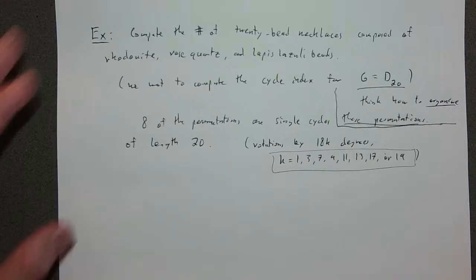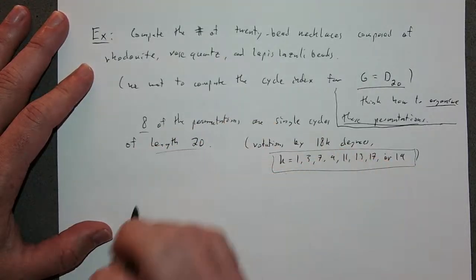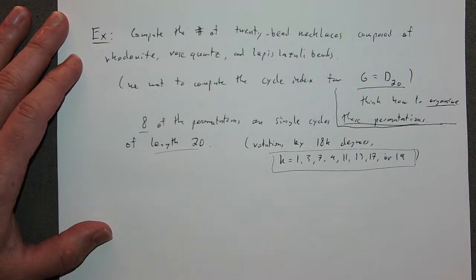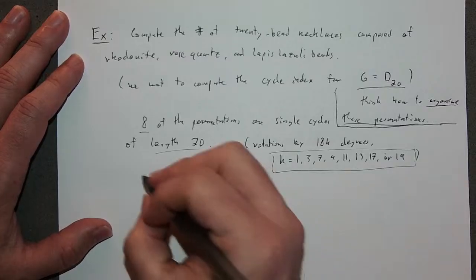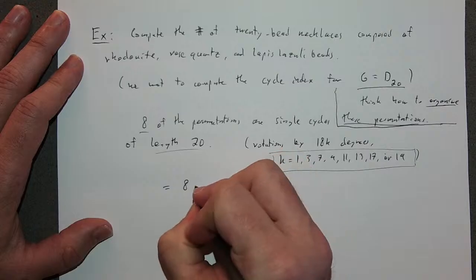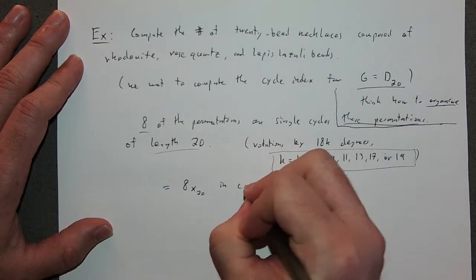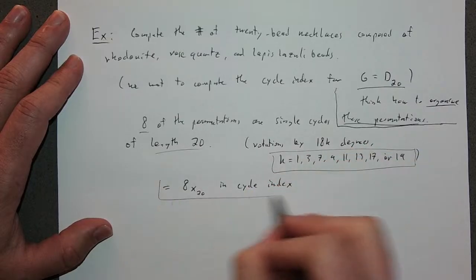Well, since there's 8 of them, and they are single cycles of length 20, the length is the thing showing up in the cycle index on these variables. So what term do I get? This gives me the term 8 times x sub 20 in the cycle index. That's what this contributes, because there are 8 of these.